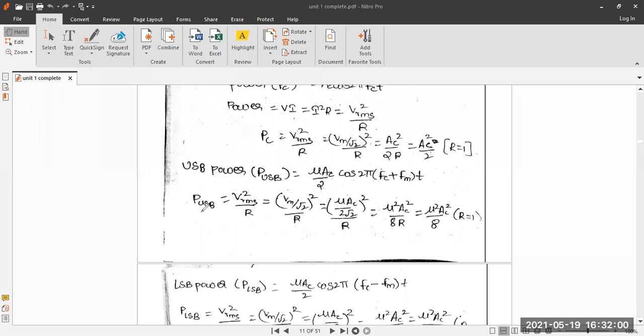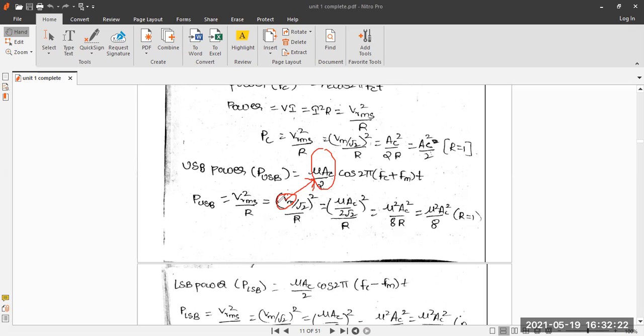So the formula is V square RMS by R. V RMS is V/√2, so V RMS square is (V/√2) whole square. Where V is the amplitude, which is VM, nothing but mu AC by 2.